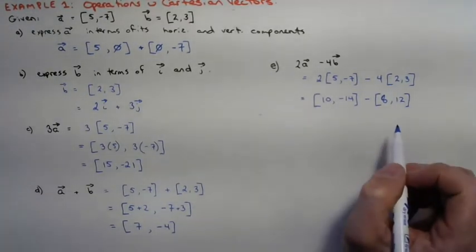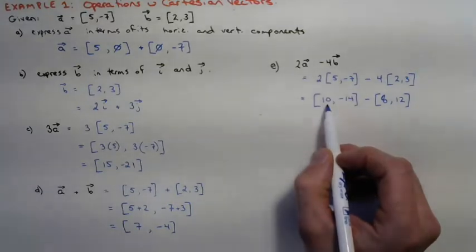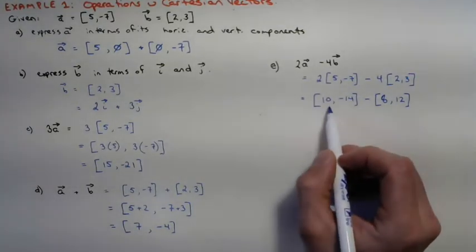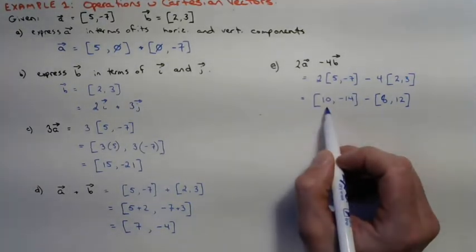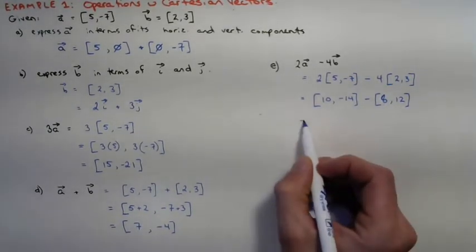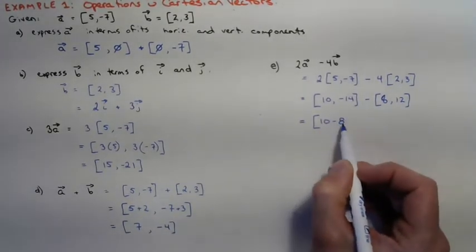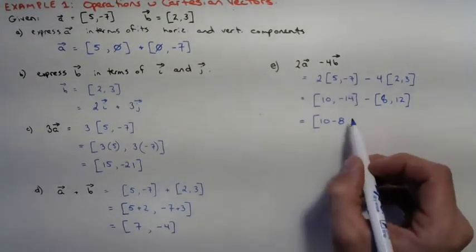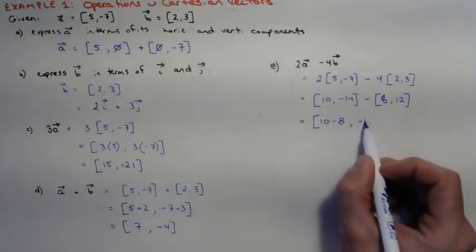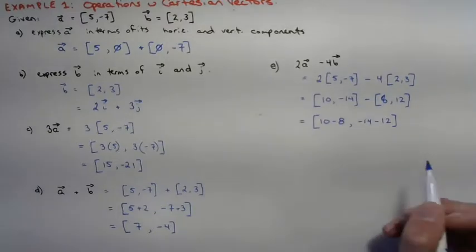Now from here, we are simply going to use subtraction. We have the horizontal displacement of 2A minus the horizontal displacement of 4B. So our new vector is 10 minus 8, that's its horizontal displacement. Its vertical displacement is negative 14 minus 12.